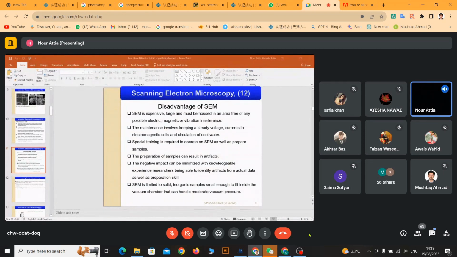It needs, first of all, a big room, and the big room should be air-conditioned 24 hours while the instrument is working. The operator should have special training required to understand many things, and also update the training. And there is the preparation of the sample.